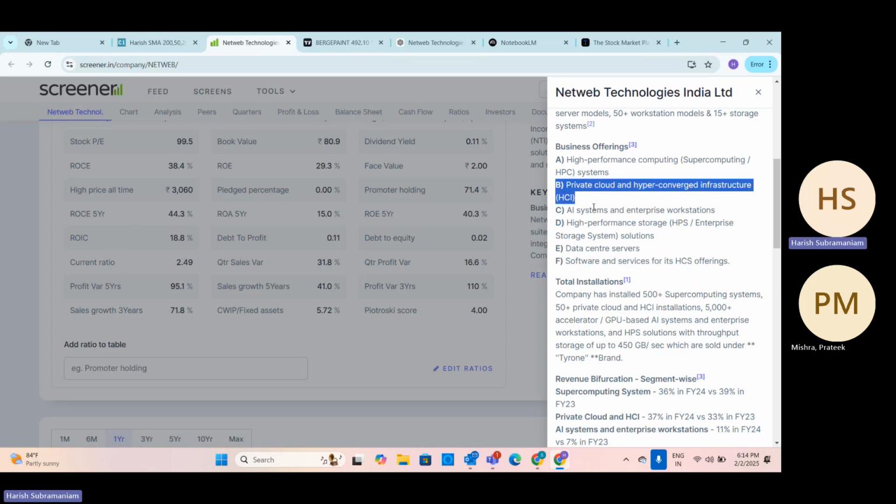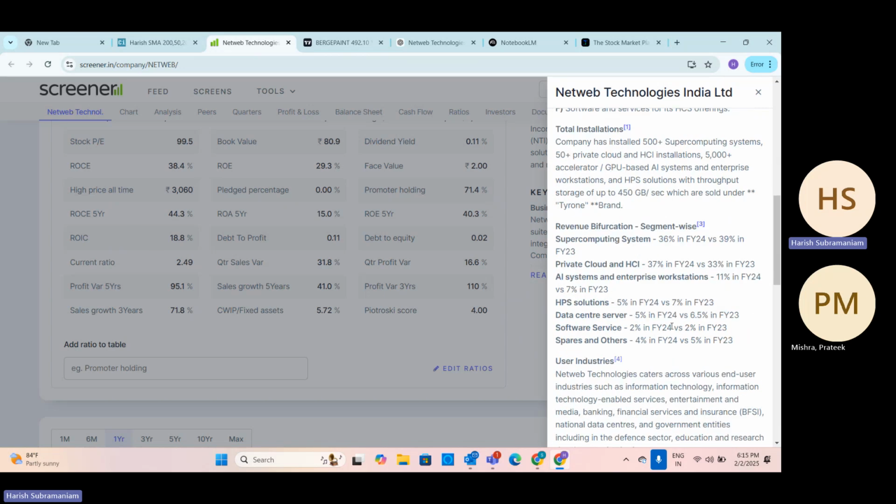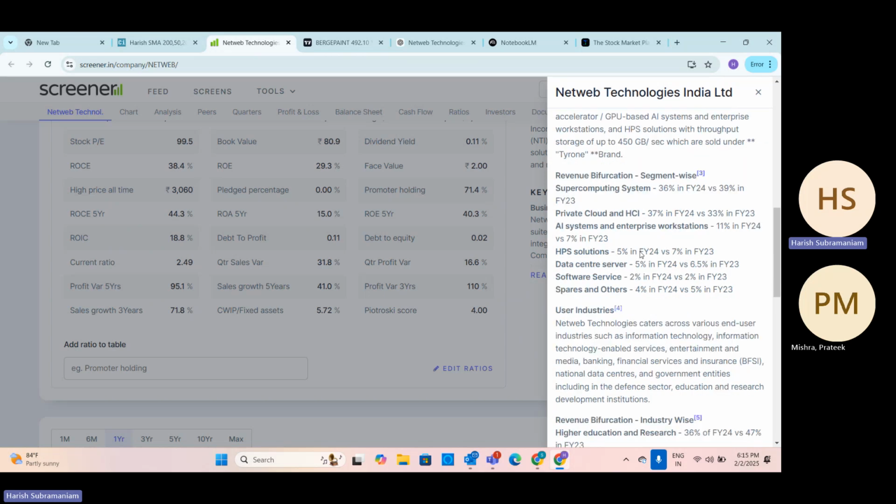Like we have Microsoft Cloud and Amazon Cloud, this offers a private cloud, some AI systems, high performance storage, some data center, and software and services for its high performance computing systems. Then we see it has done 500 plus supercomputer installations and so on.